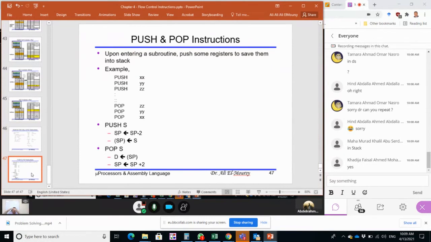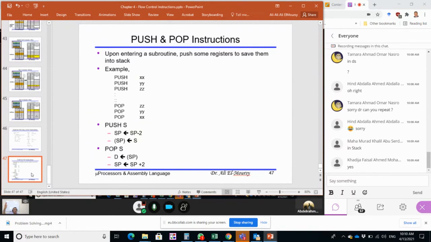Each programmer will write the code for his subroutine. All of the codes are sharing the same registers.